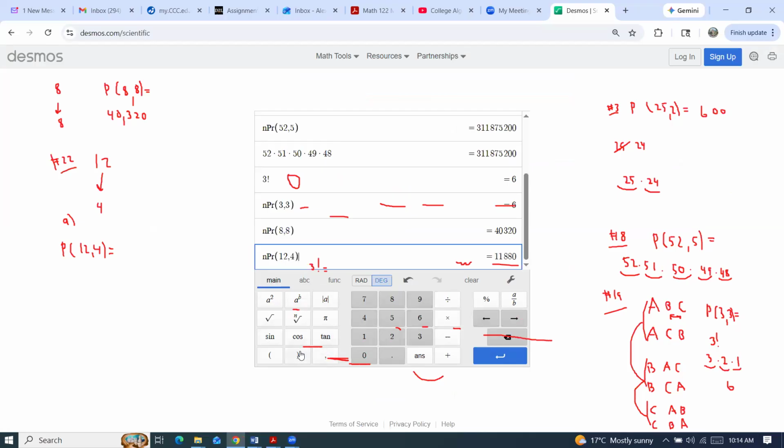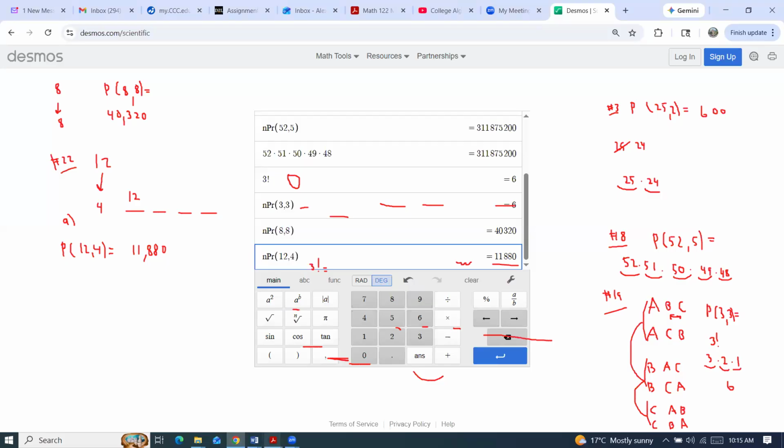So lots of possibilities. So if you want to select a 4-member committee out of 12 members, there will be 4 positions, and I have 12 choices to elect. Let's see, who do they elect?